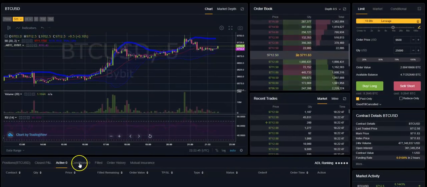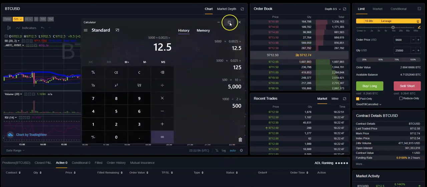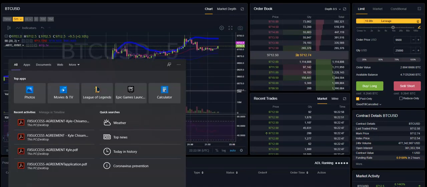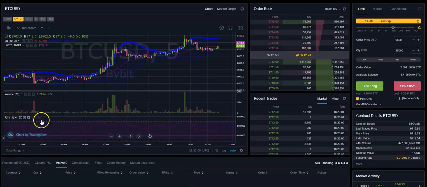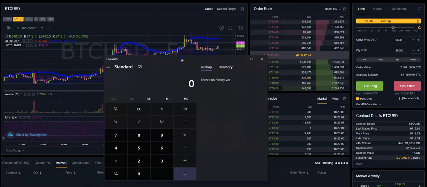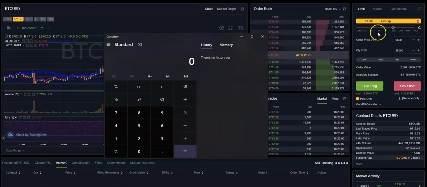Alright, cool. So now that you know how to place an order, I'm going to explain how you can take advantage of what's called a maker rebate. One sec, I'm just going to pull up a calculator. Alright, cool. Let's say you're trading with $1,000 on ByBit, and you are using 10x leverage.